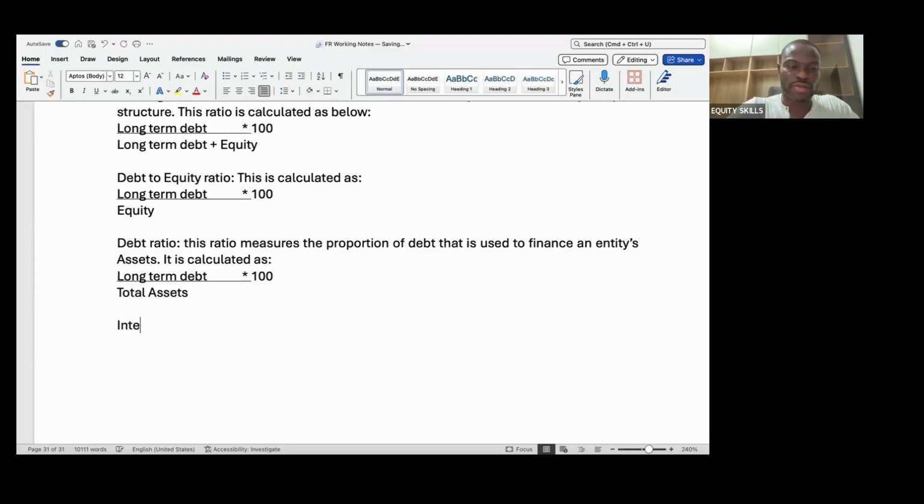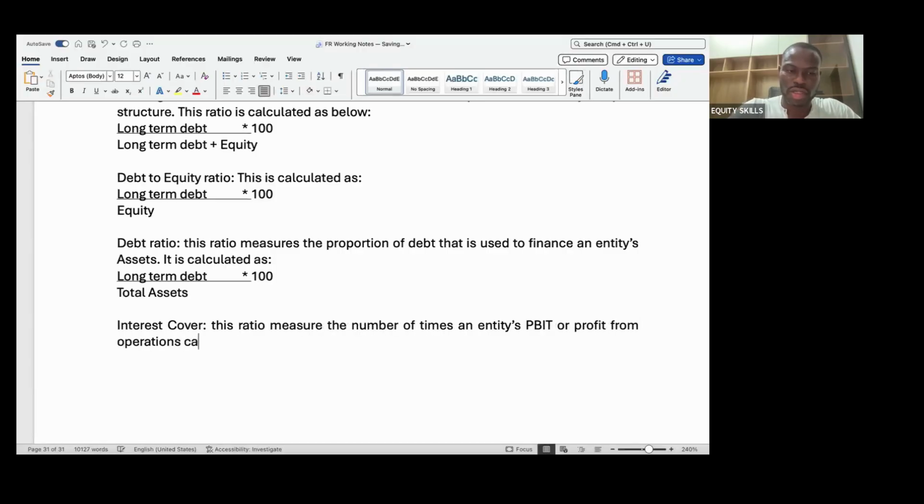Finally is interest cover. And this ratio measures the number of times an entity's PBIT or profit from operations can pay its finance cost or interest.